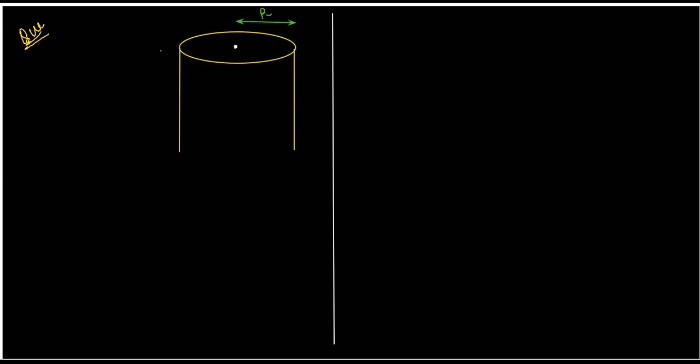Now we are being told that it is rotating about its vertical axis. So let's say this is the central axis, it is rotating about this axis, with an angular velocity of omega.